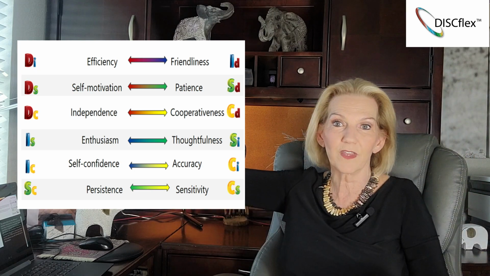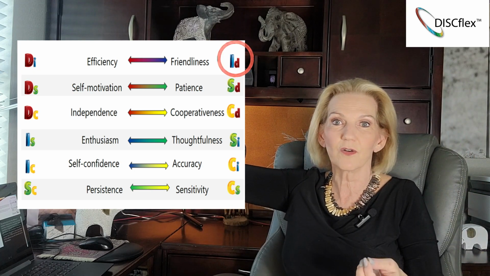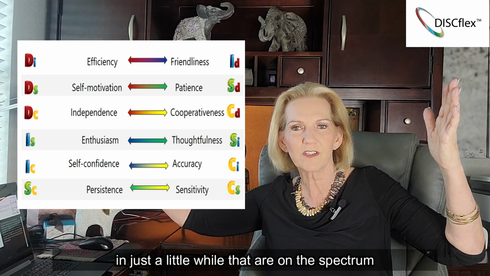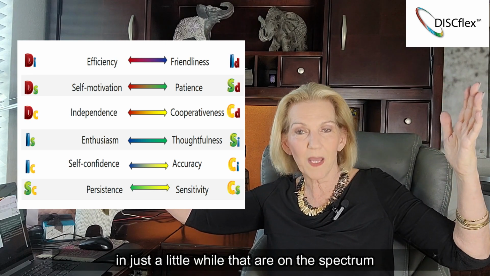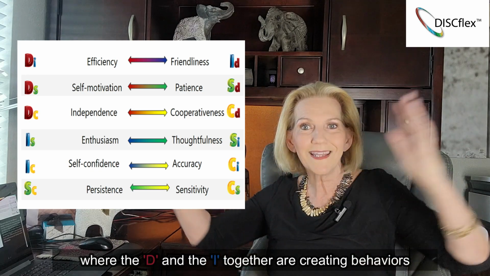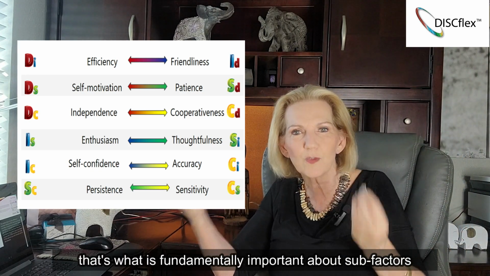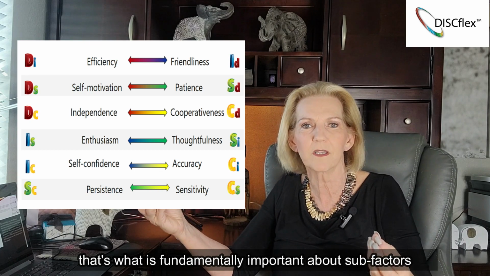On the other side, the I is overpowering the D, and that's called friendliness. There's a whole bunch of behaviors we're going to talk about in a little while on that spectrum where the D and the I together are creating behaviors. That's what's fundamentally important about sub-factors.